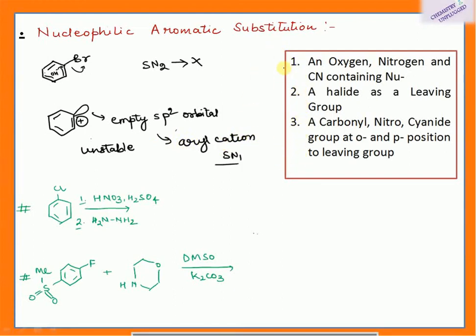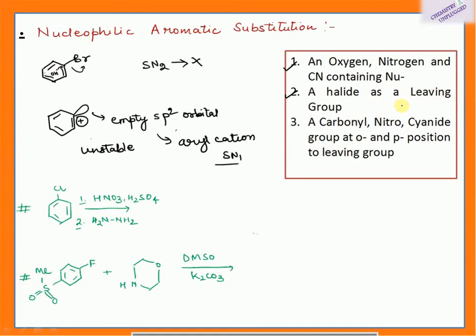So for nucleophilic aromatic substitution, our aromatic compound should have these three characteristics. First, an oxygen, nitrogen or nitrile containing group should be the nucleophile. A nucleophile should have oxygen, nitrogen, or it can have a nitrile group.